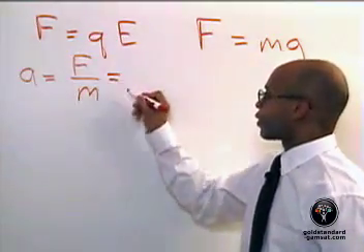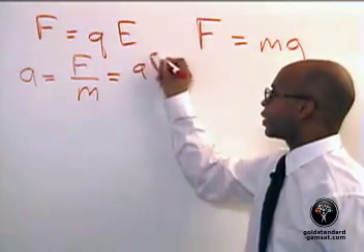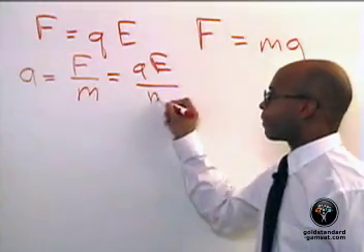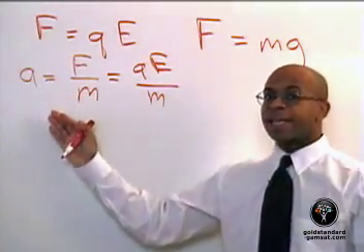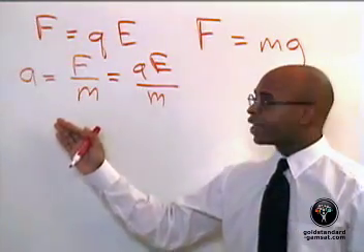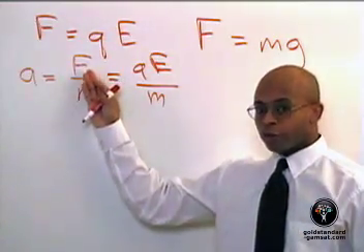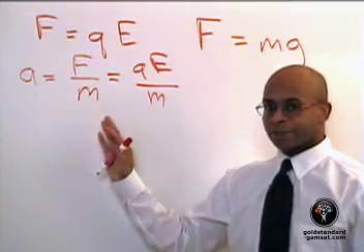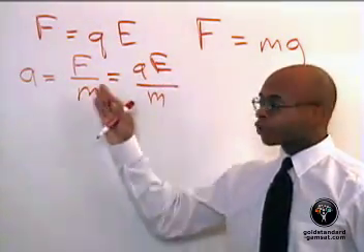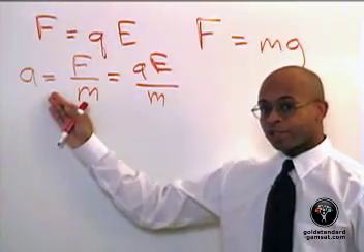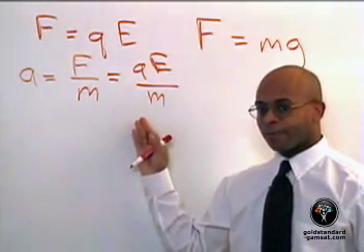So therefore, acceleration is equal to QE over m. In other words, the acceleration in an electric field is equal to the force over mass, that's Newton's second law, which is equal to QE over m. So this provides you the acceleration in an electric field.